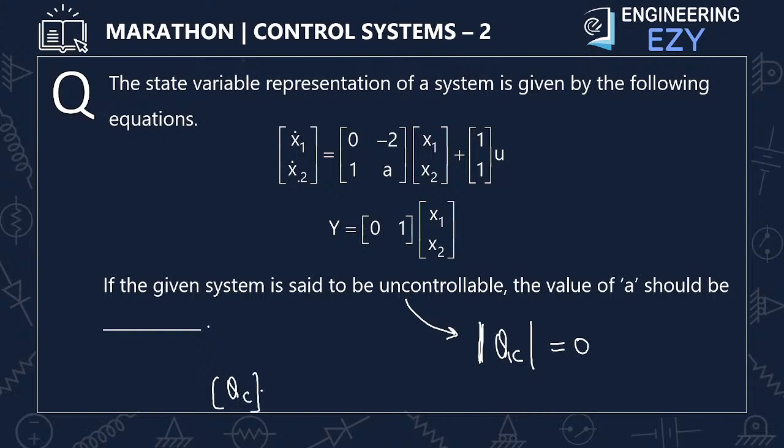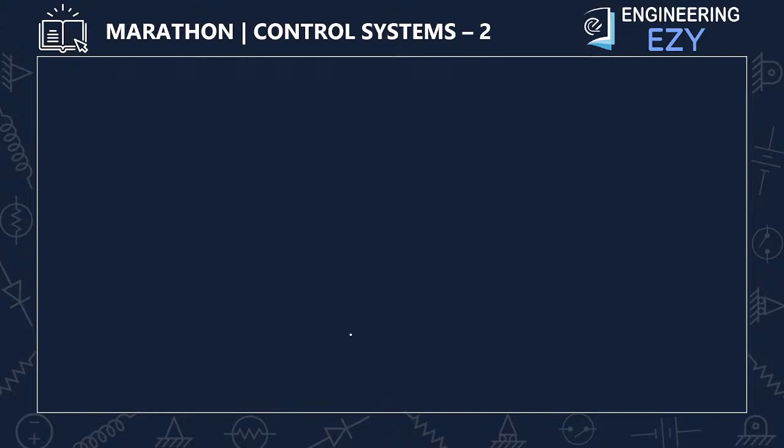Everyone knows the controllability matrix Qc has B as the first column and AB as the second column, because it is a 2 by 2 matrix. So first I calculate the Qc matrix. The controllable matrix is, as we know, B and AB.